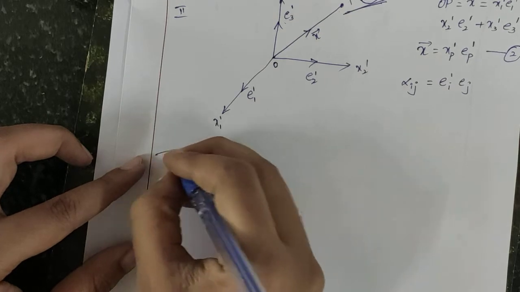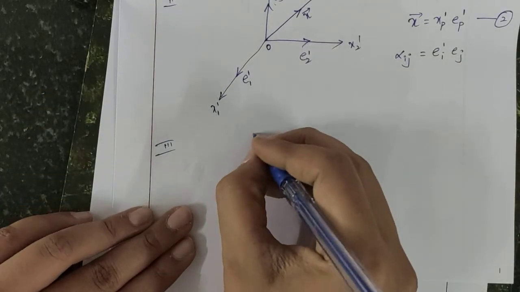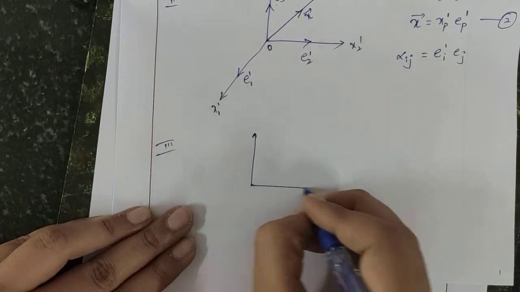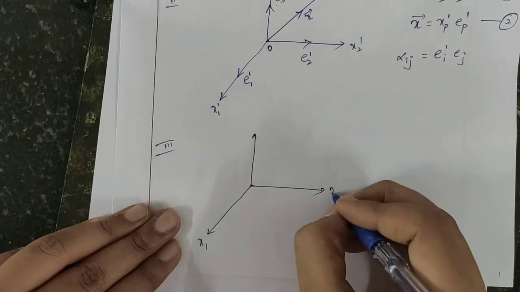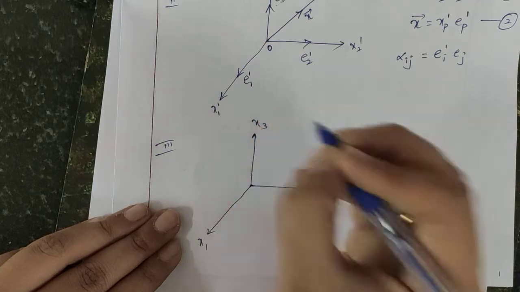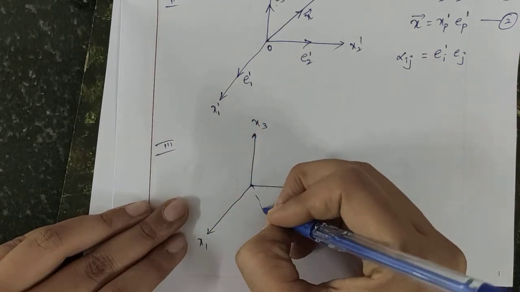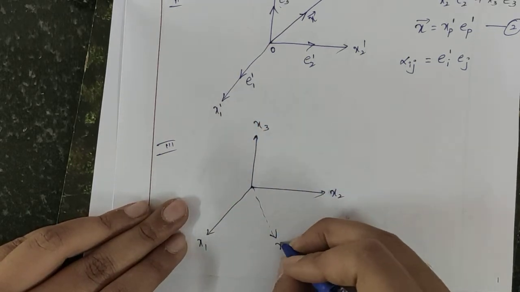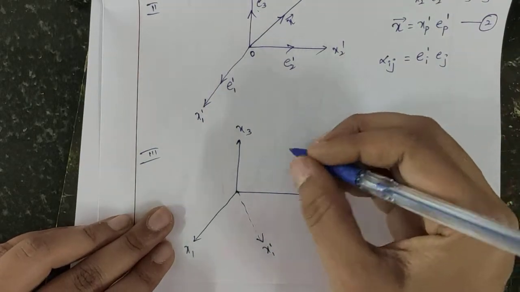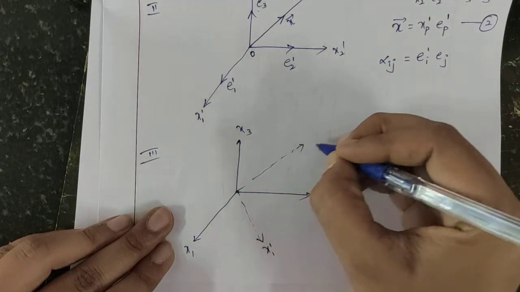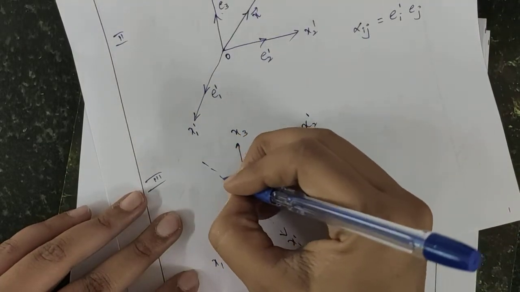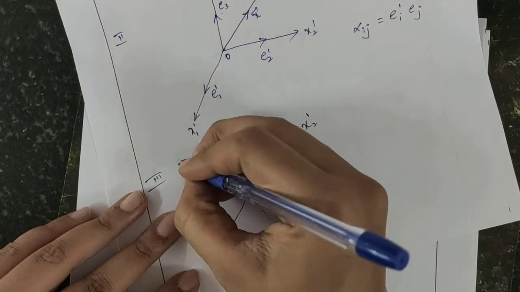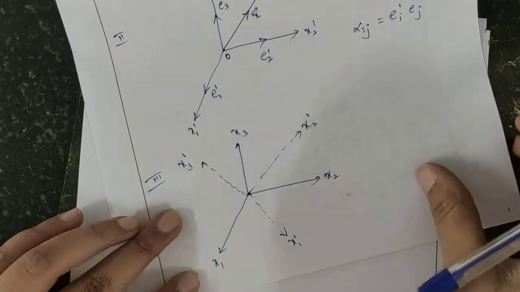I will represent that new coordinate as, this is x1, x2, x3, and the new coordinates will be x1 prime, x2 prime, and this will be x3 prime.